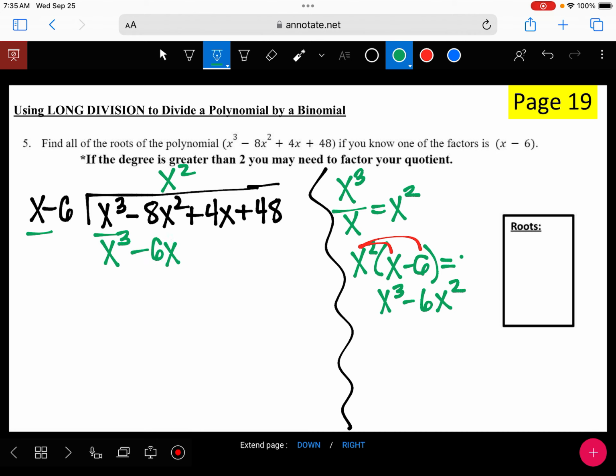And before we add, we got to do a change. You see how this is positive? This is going to become negative. And you see how this is negative? That's going to become positive. So I'm going to put a minus sign here and a plus sign here. Okay, so when I add here, this cancels out. And then negative 8 plus 6 would be a negative 2X squared plus 4X.